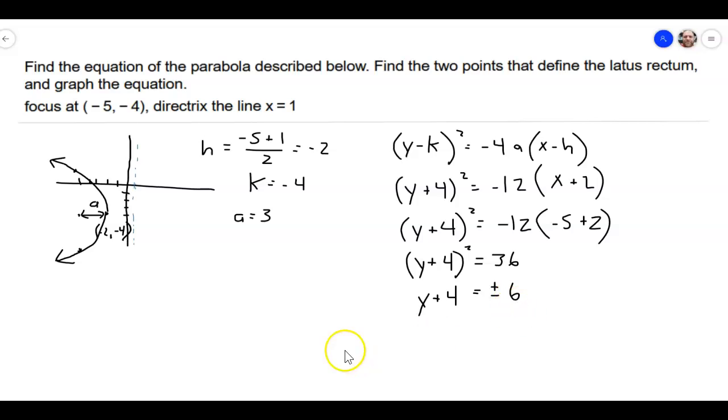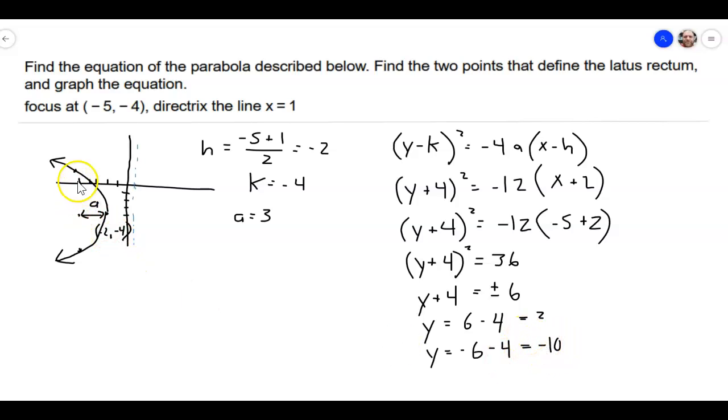So I have 2 equations here. For the +6 one, y is equal to 6 minus 4, subtracting 4 from both sides. And for the -6 version, it's going to be equal to -6 minus 4. So this is 2, and this is -10.